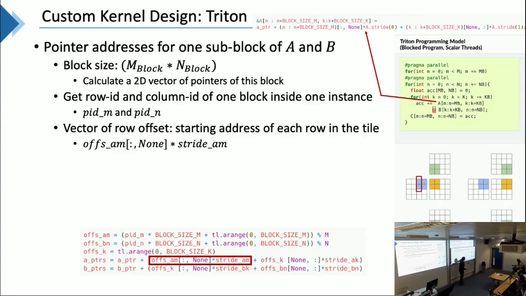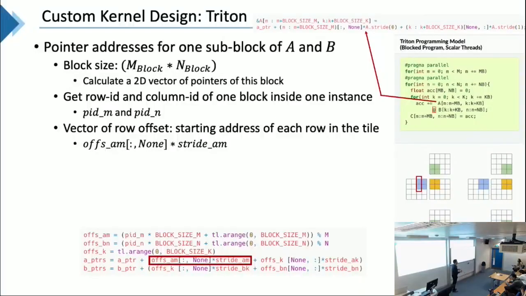And we pass this with this list of block size, and we get a list of offsets, which is basically corresponding to the starting address of this red part. So this is actually here, right? And the reason why we multiply by stride AM is because the data might have some stride. So this is how we get what we call the vector of rows as the offset.